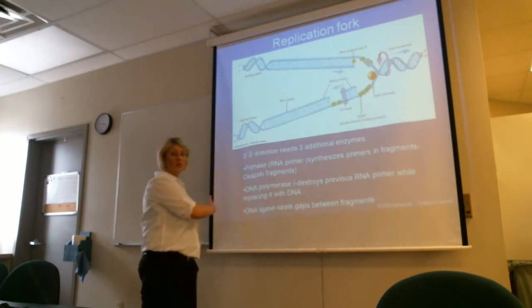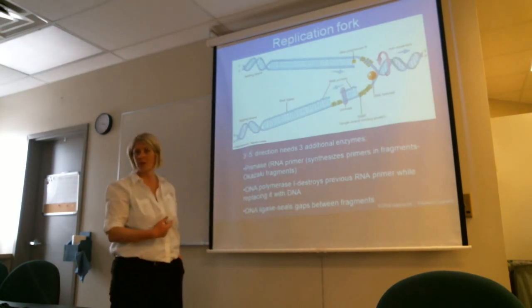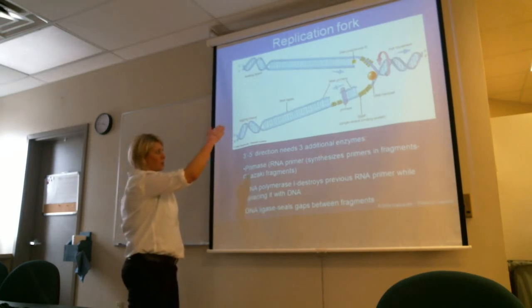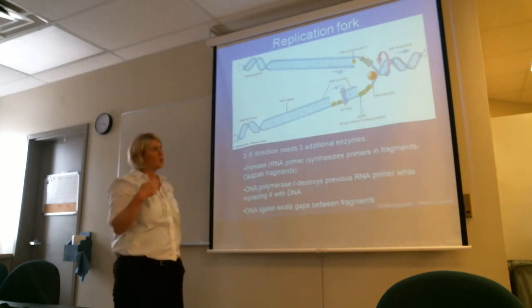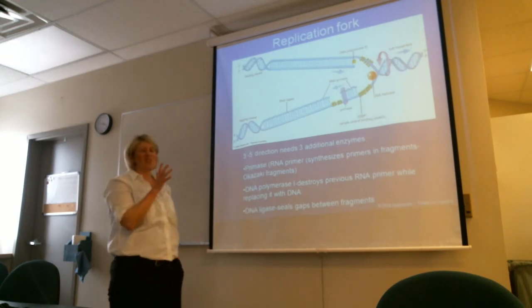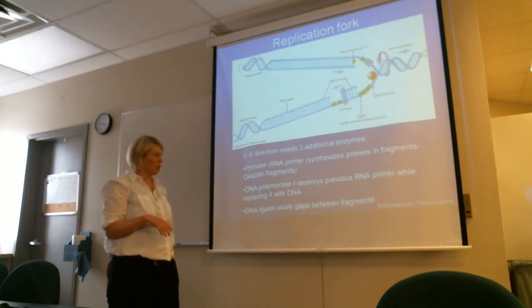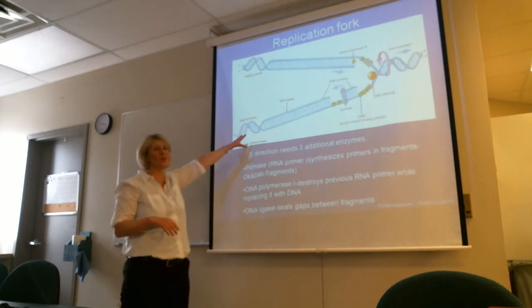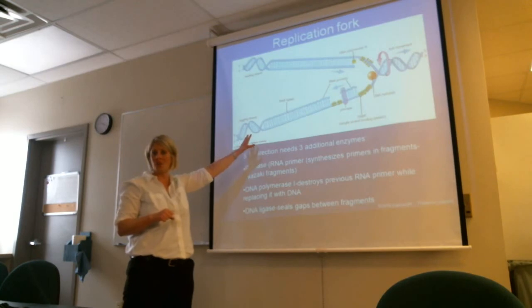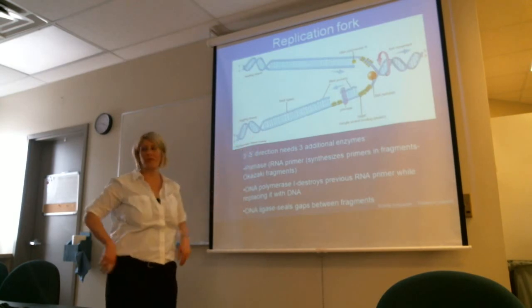DNA polymerase 3 runs for a little bit and it stops. And then DNA polymerase 1 comes in and cleans up all those primers and lays down DNA. So the lagging strand is done in chunks and it takes a lot more time. There is a DNA ligase that's required for this particular lagging strand, and that's going to seal up the fragments.